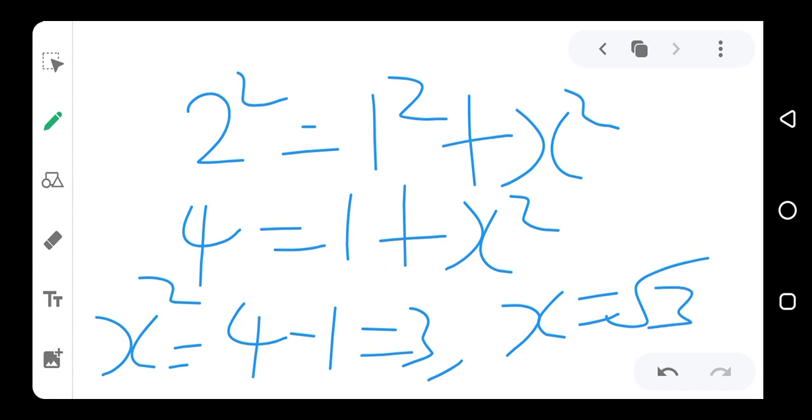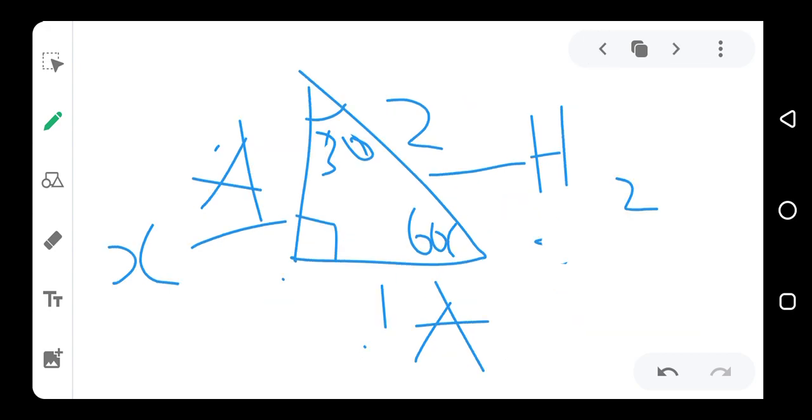So this side is now root 3. Alright, so with this, we can now find any of these angles.